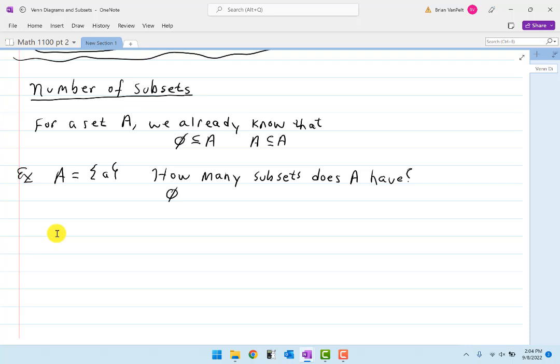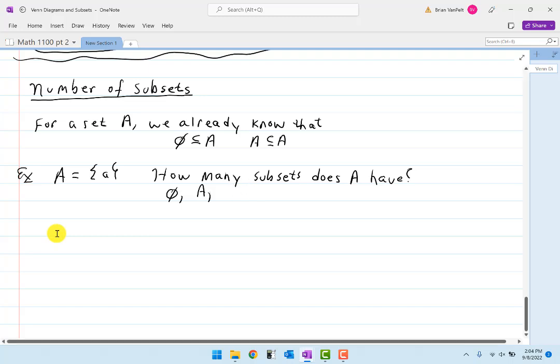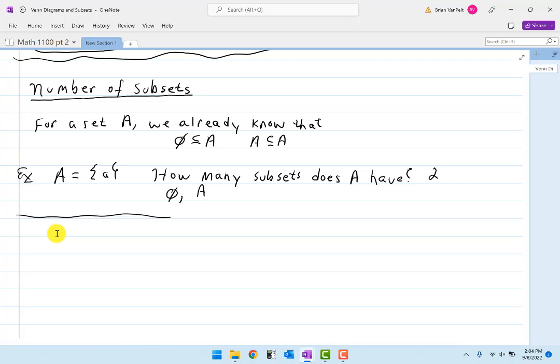We know we've got the empty set and A itself. Are there any other ones? Well, if I try to just do this one here, I've already done that. That's A, so I'm not going to count that one. So that's it. I just have two of them. So 2.